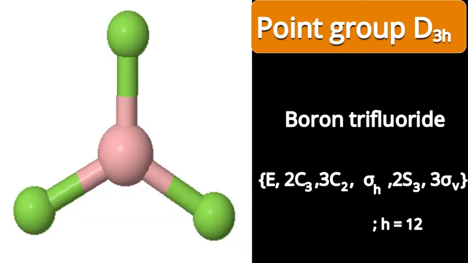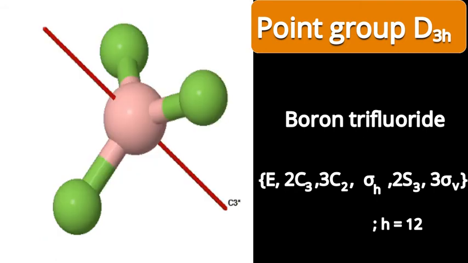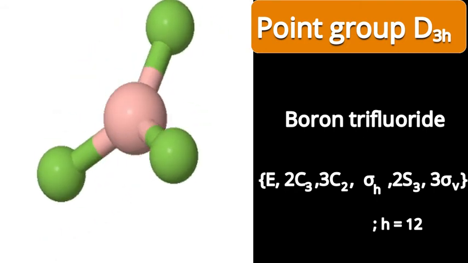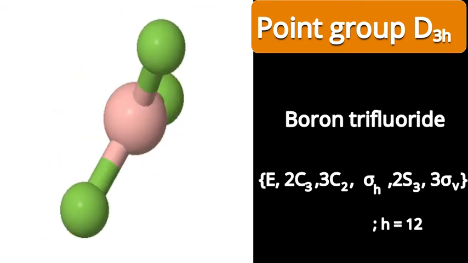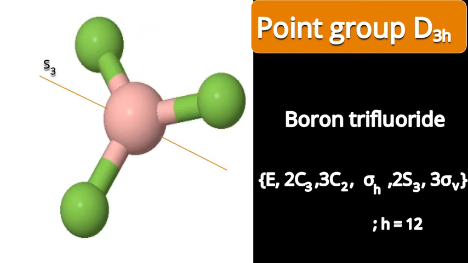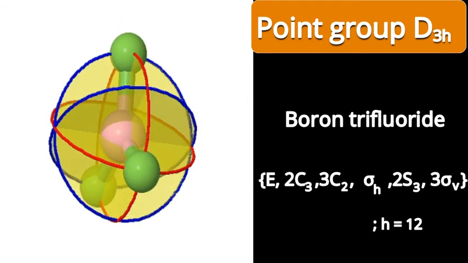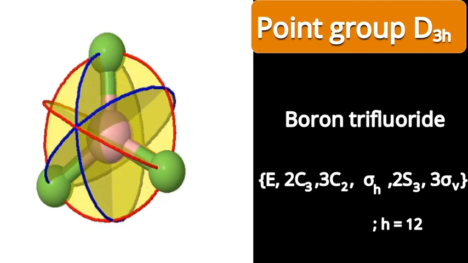The second example that I like to explain here is the BF3 molecule. Boron is at the center of the triangle and 3 fluorines are at the vertices of the triangle. It is a triangular planar structure. In this molecule, a C3 axis, 3 C2 axes, an S3 axis, a horizontal plane, and vertical planes are possible.